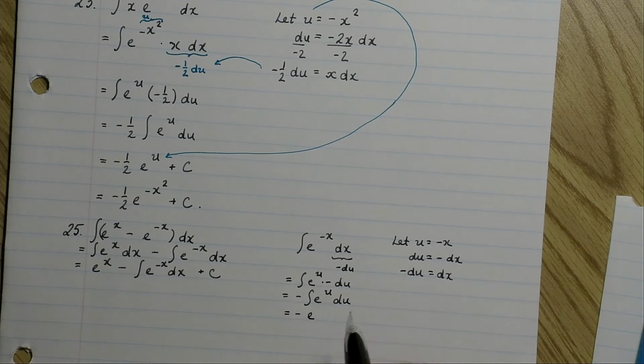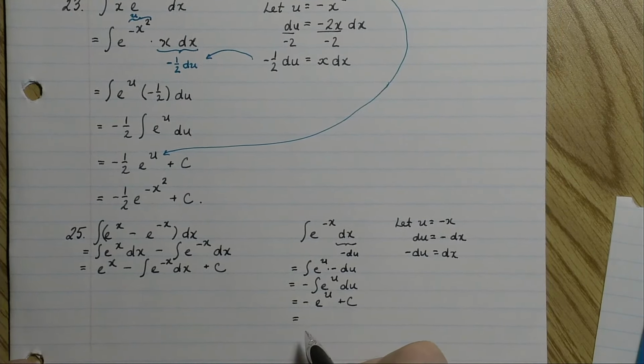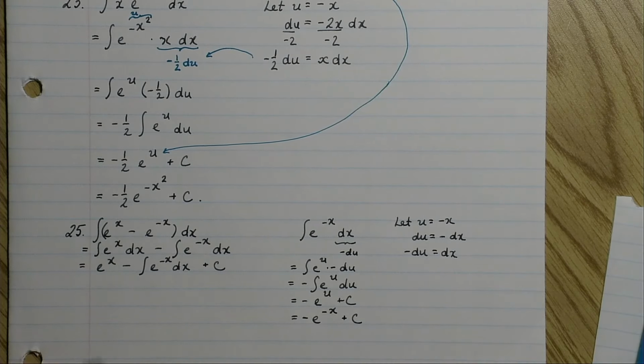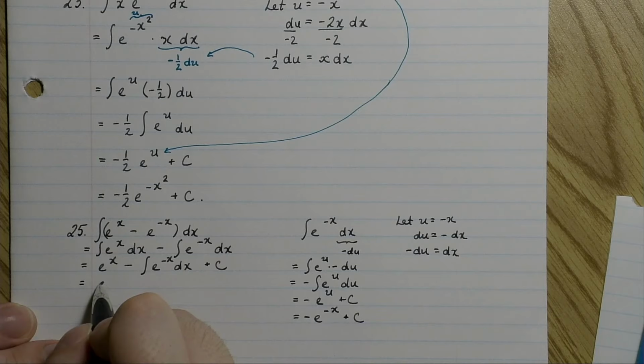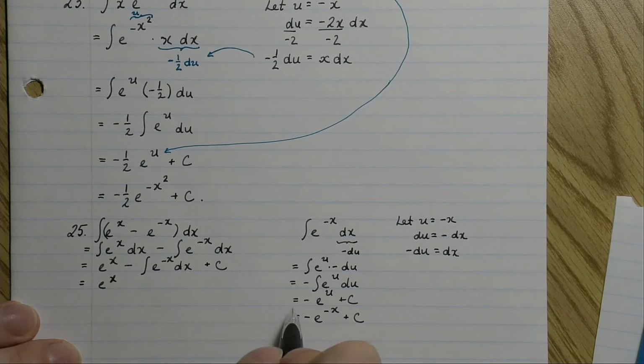So when I integrate this, I get minus e to the u plus a constant, and then substituting that back in, minus x plus a constant. So now I can plug that back into what I had over here.